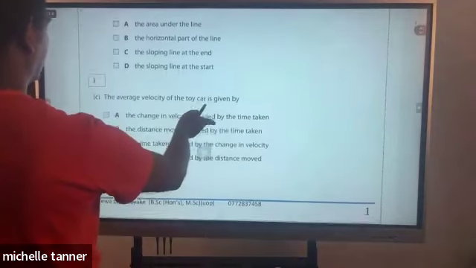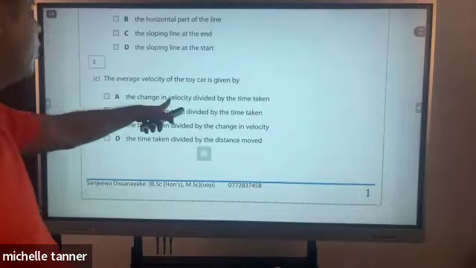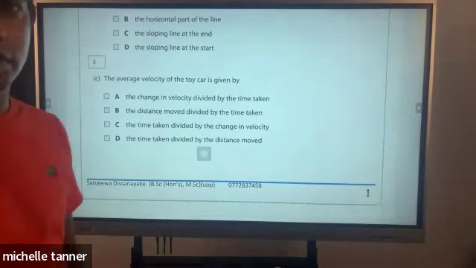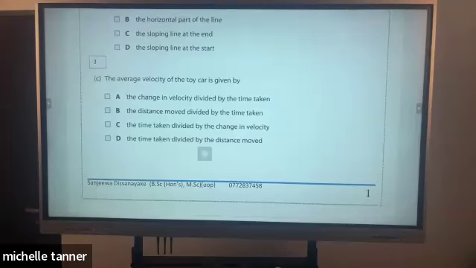Right. The third one, average velocity of the toy car is given by... How to calculate the average velocity? So the distance moved divided by the time taken. Yeah, the distance moved divided by the time taken.